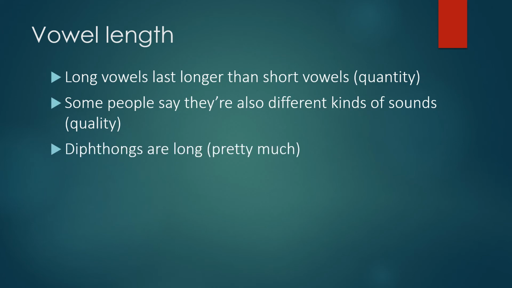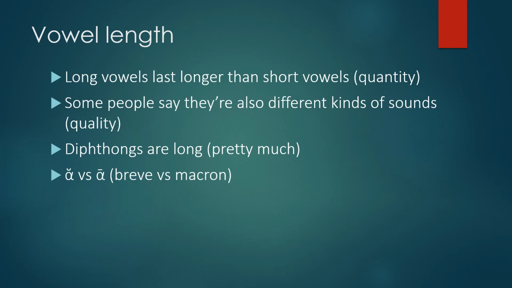Diphthongs, being two sounds put together, kind of makes sense that they're long. And I say pretty much because, well, they are long, but as far as accents are concerned, there are some exceptions we'll get into in the next chapter.